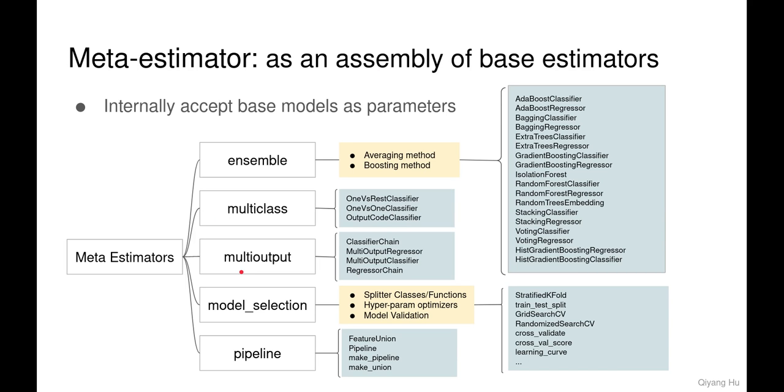Both implement multi-class or multi-output learning algorithms to do classification or regression. All three of these meta-estimator categories, ensemble, multi-class, and multi-output, fit a group of classifiers of the same or similar type on various subsamples of datasets, and they use averaging to improve predictive accuracy and control overfitting.